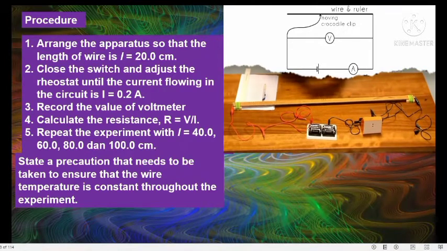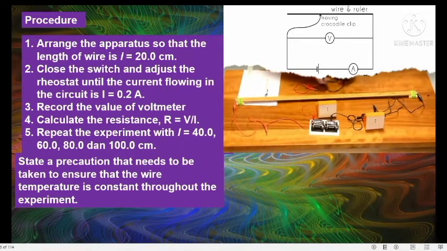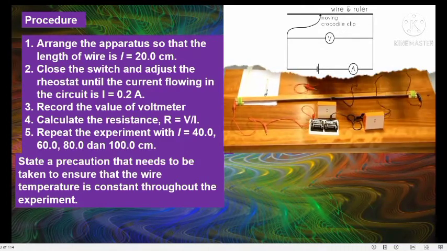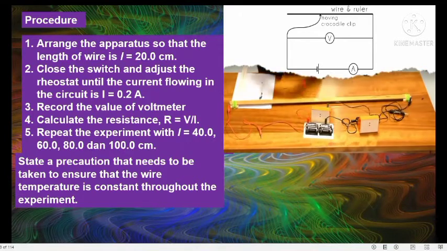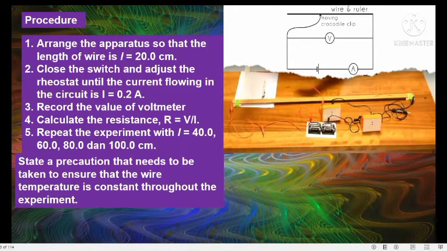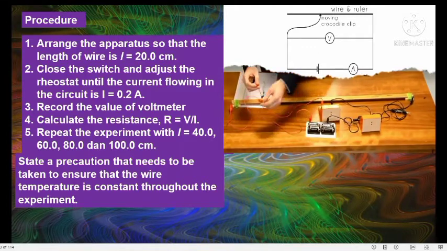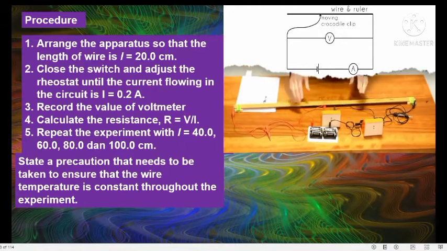Okay, next connect a voltmeter across the wire. Okay, so we have completed the circuit.